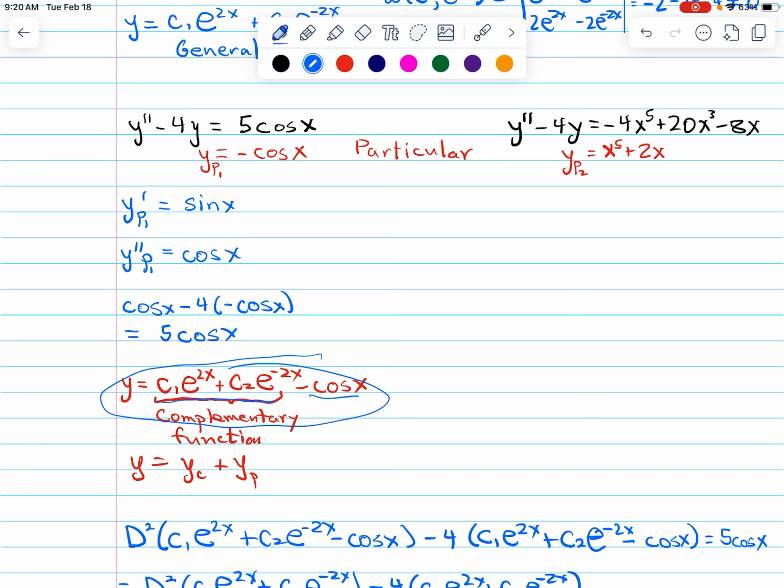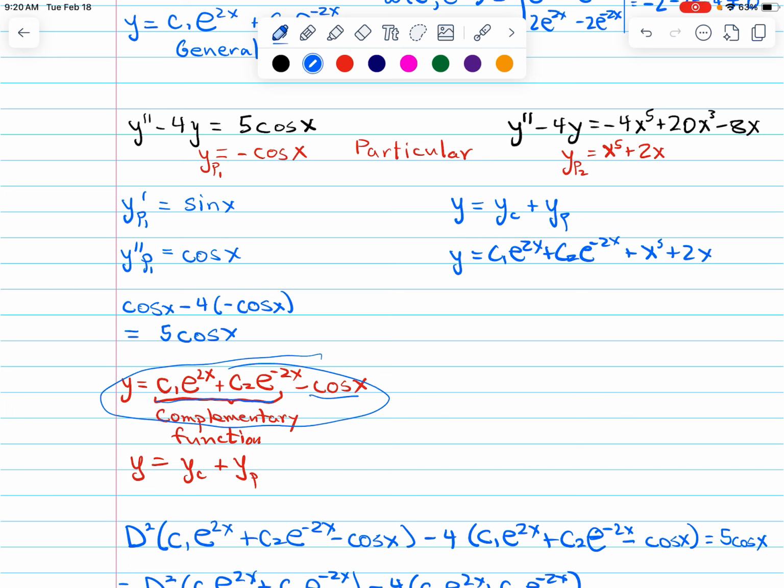Now, likewise, just like with the other one, a general solution is going to be the complementary function plus the particular solution. So we've got c1 e to the 2x plus c2 e to the negative 2x plus x to the fifth plus 2x.